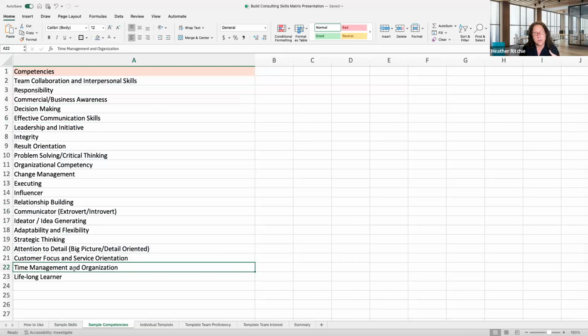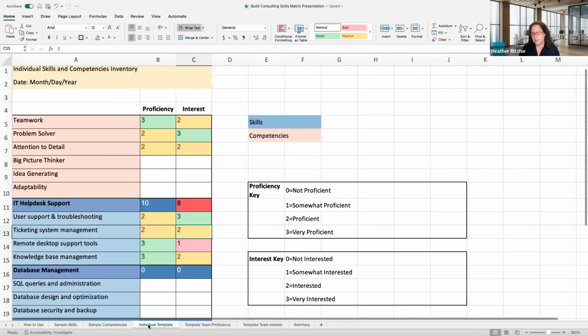These are things that some people are innately good at and other people can develop. So you would take those that you brainstormed, that you've said, hey, this is what our department needs to evaluate and assess across our team and our individuals.